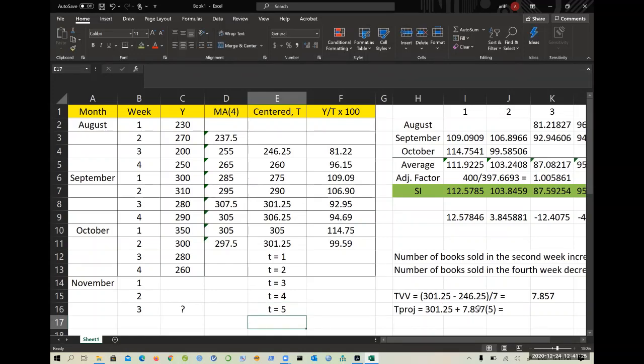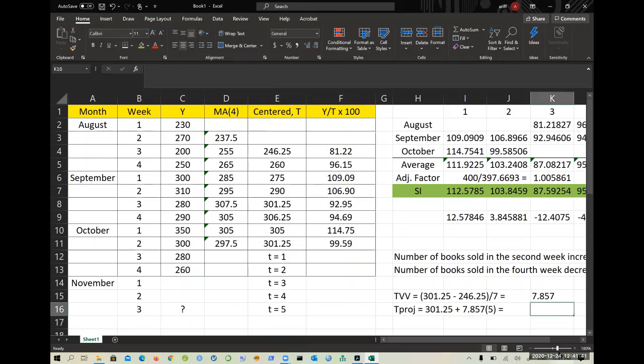So that's why here you have 301, the last trend value, plus the trend variation value, TVV, multiplied with the position of the third week. So you have 5 over here.